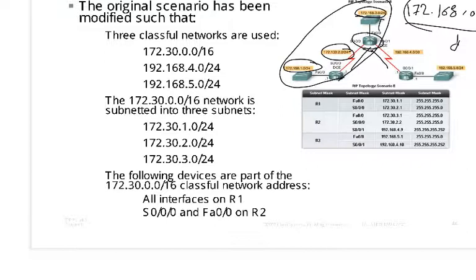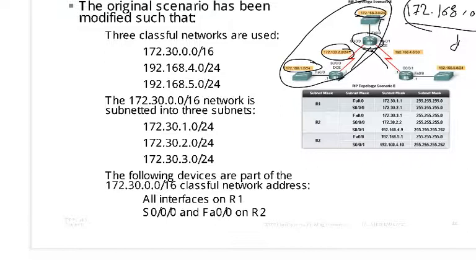This is class B. And we have 192.168.4.0, and these two are class C. 172.30.0.0 is subdivided into subnets 1, 2, 3, and so on. And we can use these subnets on these networks here.